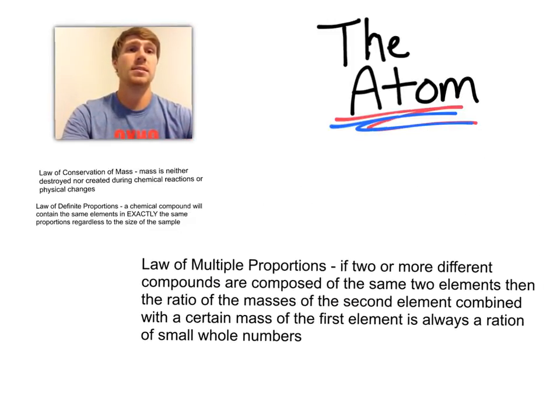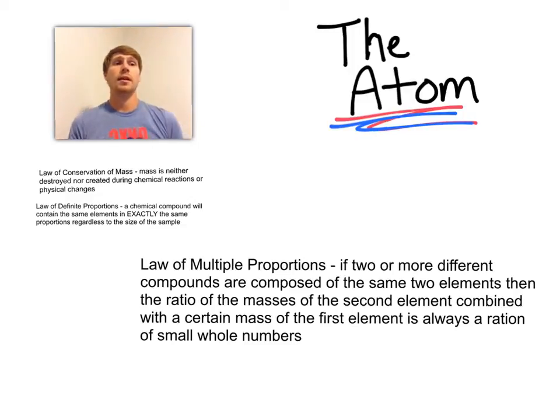Okay, it says the law of multiple proportions. Now, that says that if two or more different compounds are composed of the same two elements, then the ratio of the masses of the second element combined with a certain mass of the first element is always a ratio of whole numbers. And that's like I was saying, this idea, H2O, right? Those are simple numbers.